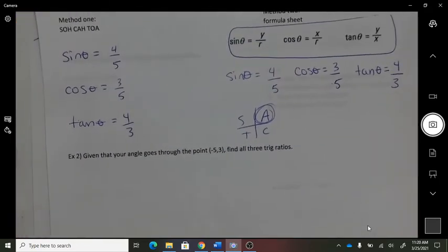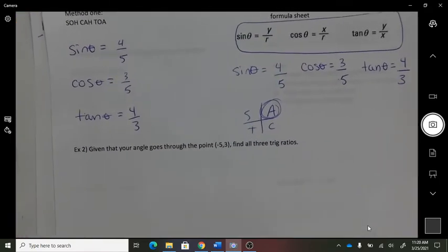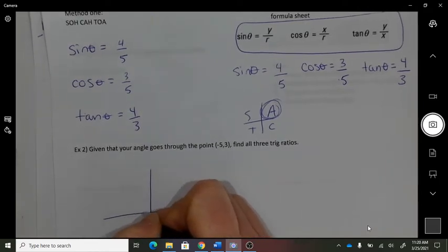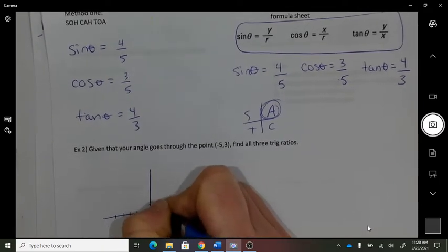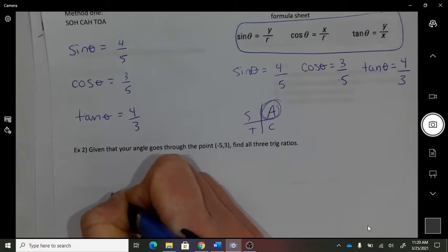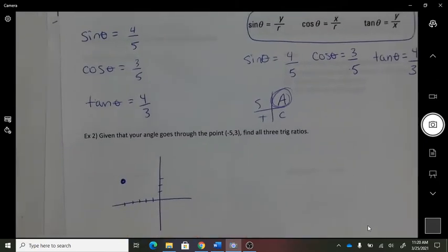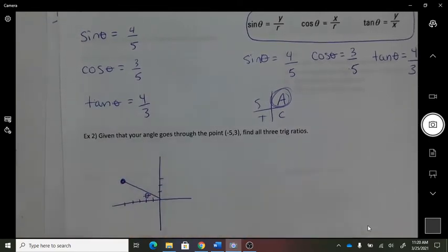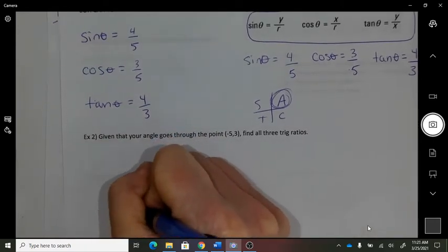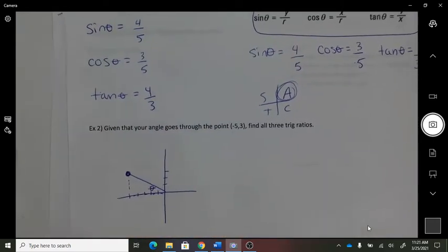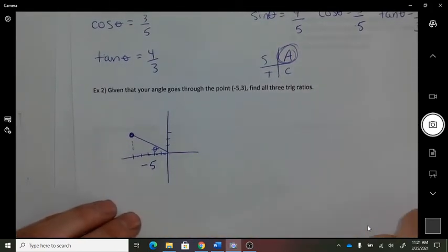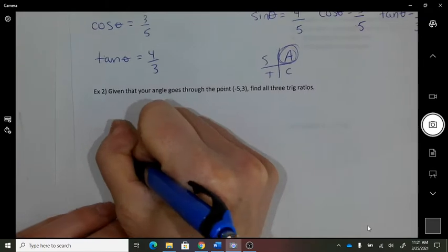Okay, so let's do this one. Given that your angle goes through the point (-5, 3), so that would be over here. I'm going to connect a triangle with an angle like that, to the closest x-axis. Now labeling my triangle, I'm going to put a -5 there and a 3 there.